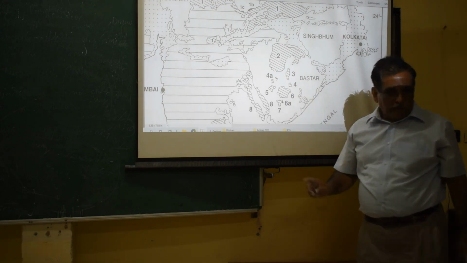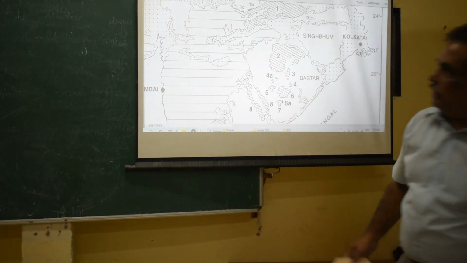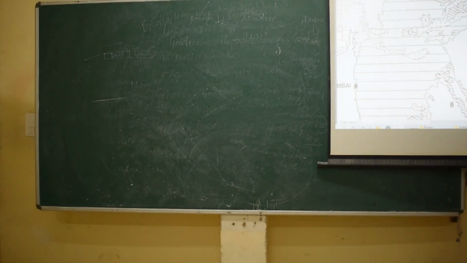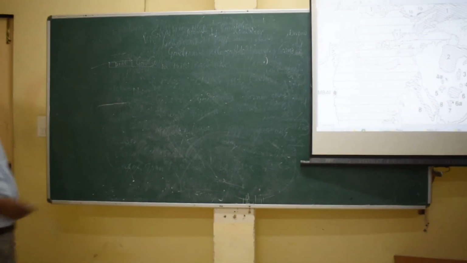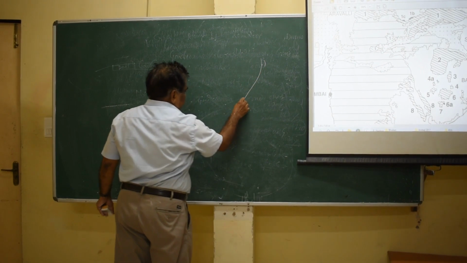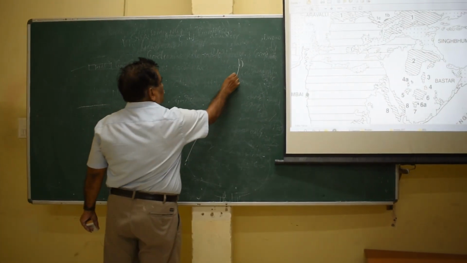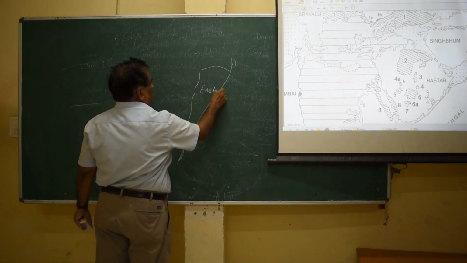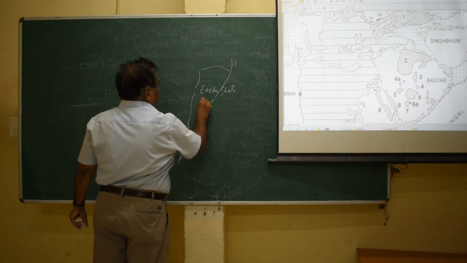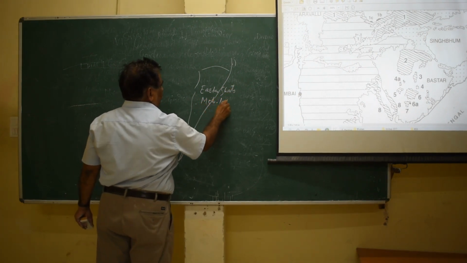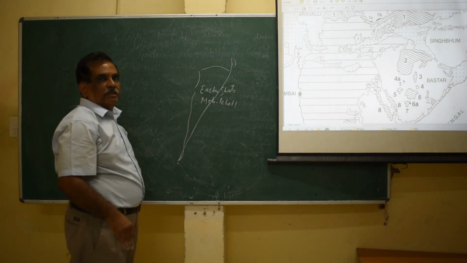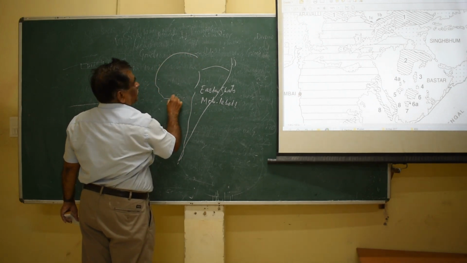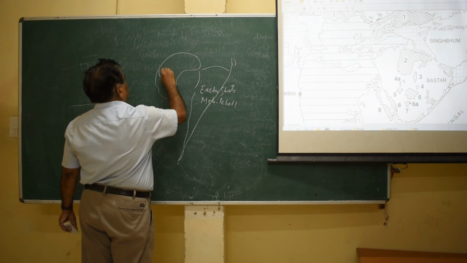Now, what I want to tell you? There are many basins. Just I will draw it. This is the Eastern Ghats mobile belt. As I told you, this was a larger sea. Here is your Chhattisgarh.